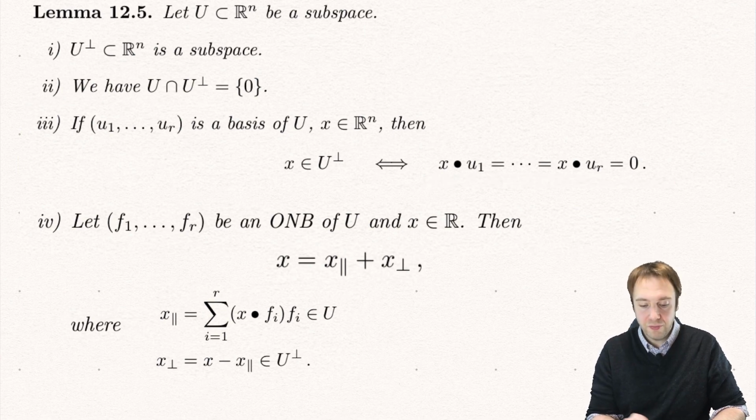If you can show that an element is just orthogonal to these R vectors, so this is a subspace of dimension R, then you already showed that this is orthogonal to every vector in the subspace U. So in general, you don't need to check infinitely many conditions.